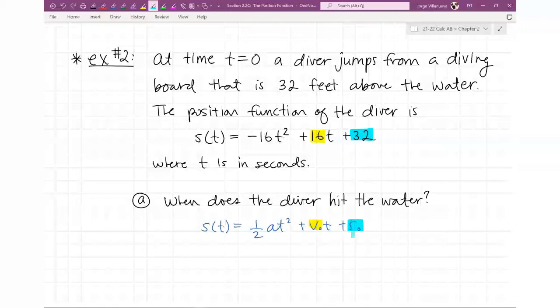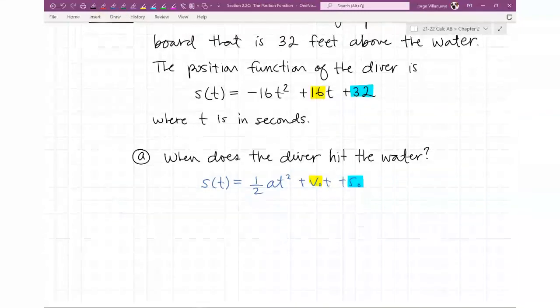So when does the diver hit the water? How do I figure that out? What am I solving for when they say when? Time, right? How do I figure out time? So let me write this out.